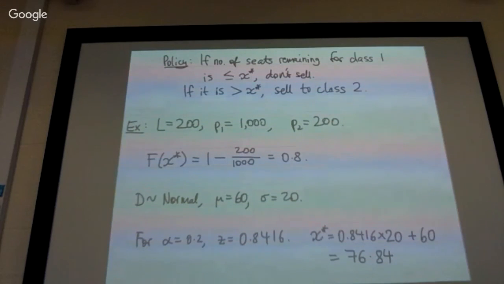And we're told to round down, so we should keep 76 seats for class 1.